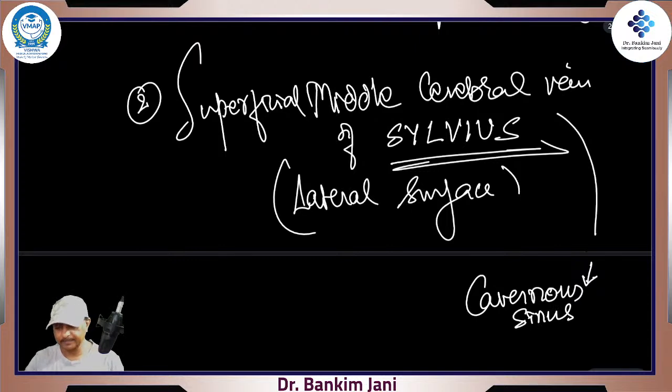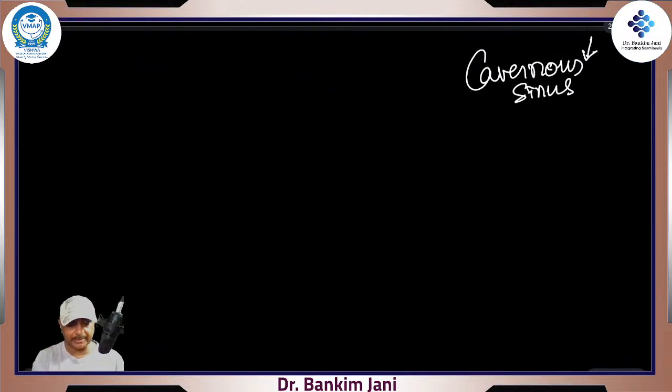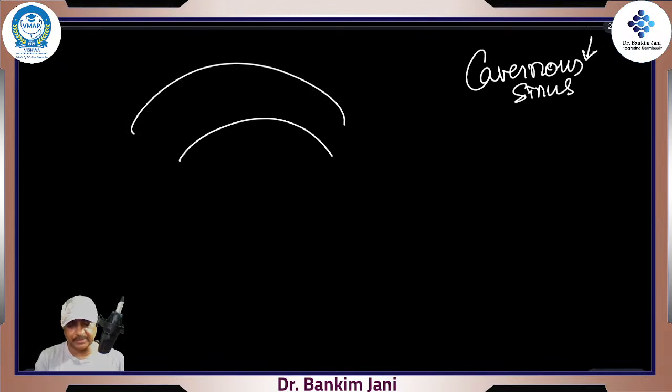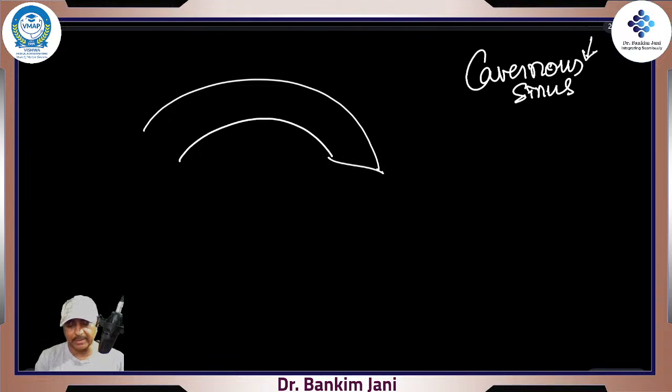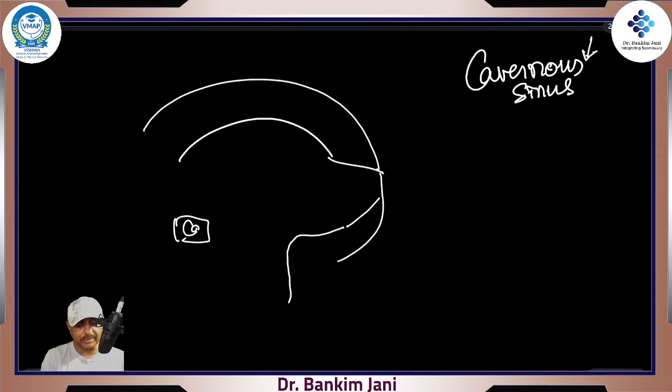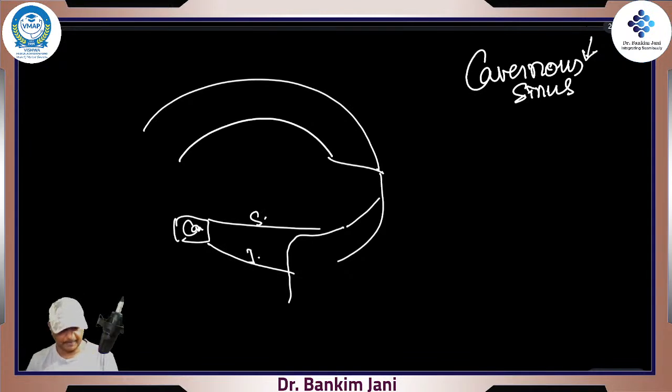Cavernous sinus. As we were drawing, superior sagittal, inferior sagittal, and then the straight sinus, and then there is occipital, then there is transverse. And then it goes further, sigmoid sinus and into the IJV. Over there was the cavernous sinus, and then this was getting connected by the superior petrosal and the inferior petrosal sinuses. And in between the two cavernous sinuses, there were the anterior and posterior intercommunicating sinuses.